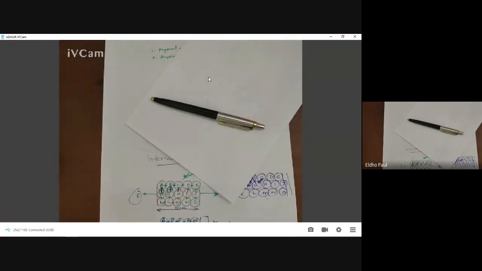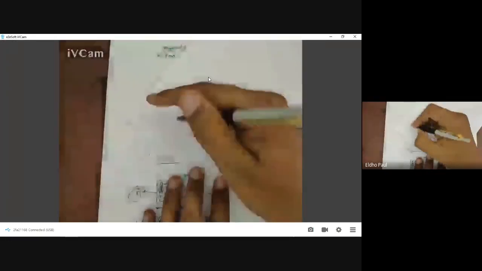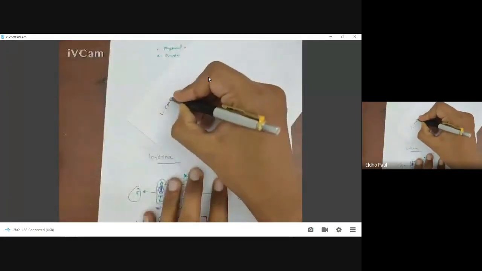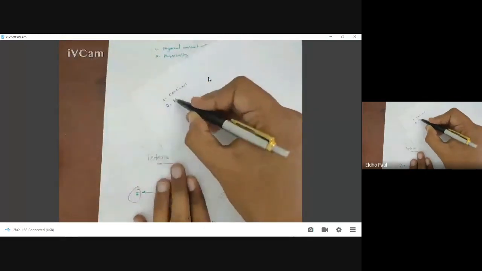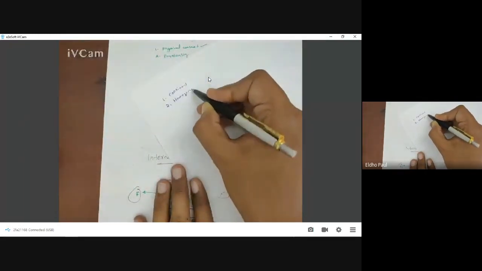Next assumption is all materials are homogeneous. So first one is continuous. Second assumption is all materials are homogeneous. Homogeneity is defined as follows: if you take any body or material, the properties will be identical throughout the material.